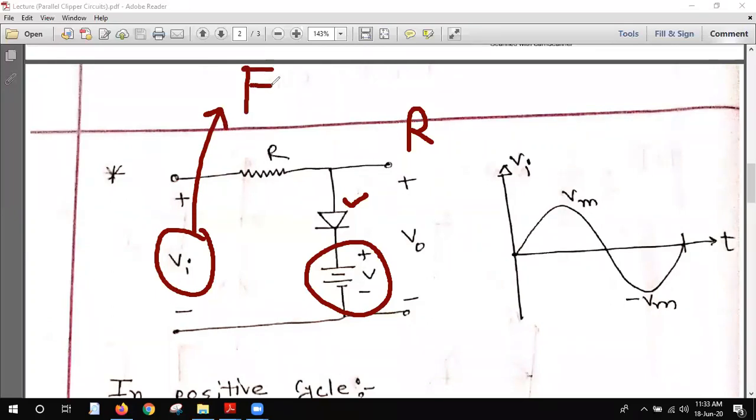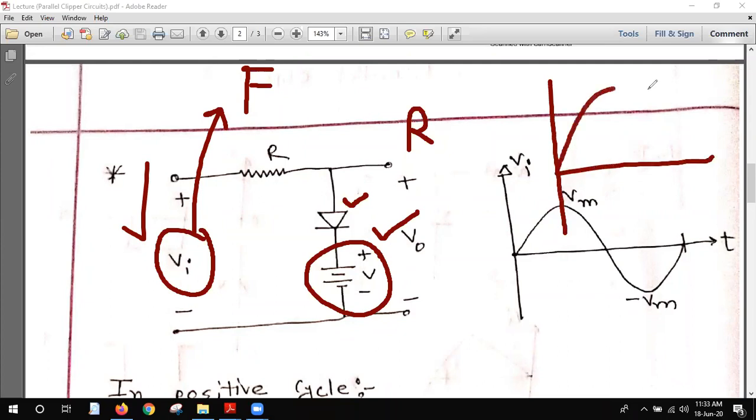I told you that when the VI value is bigger, it will be forward biased. When the value of V is bigger, it will be reverse bias. So I'm drawing the positive cycle much bigger so you can understand.